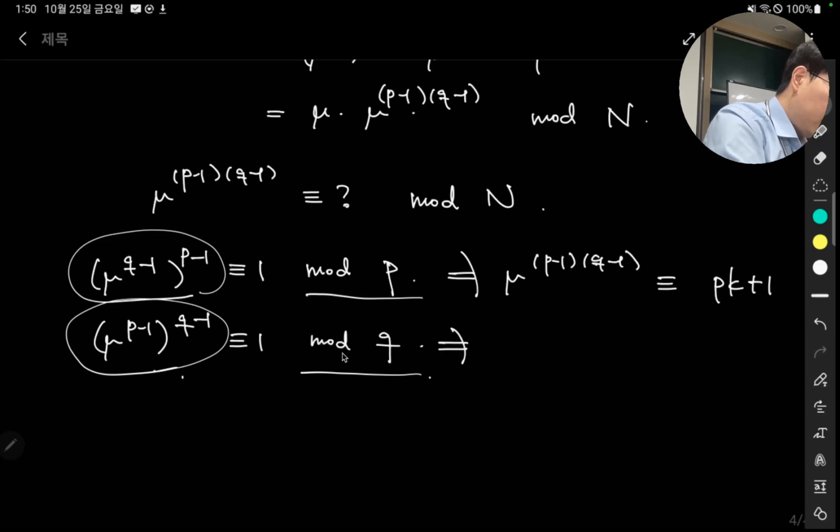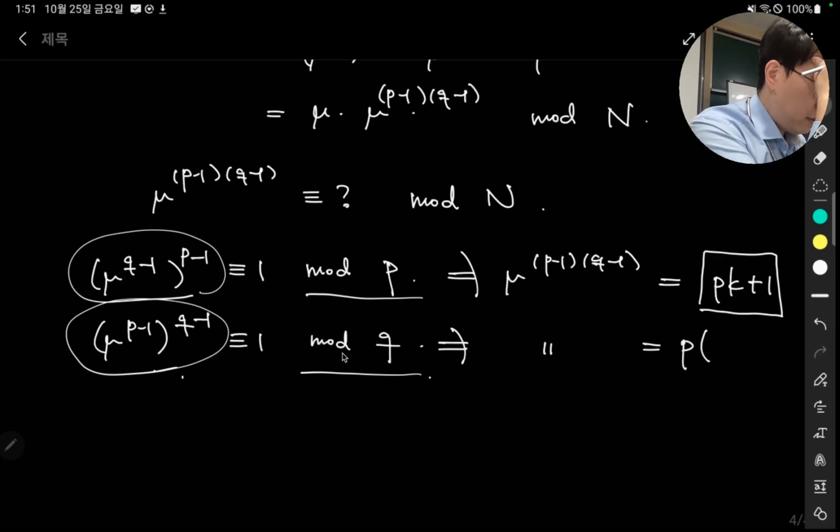When I divide this by Q, I also want remainder 1. So it means that it's divisible by Q, so it's somehow P times Q times K prime.